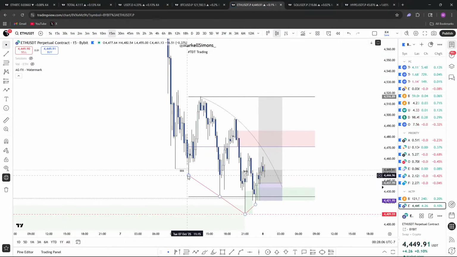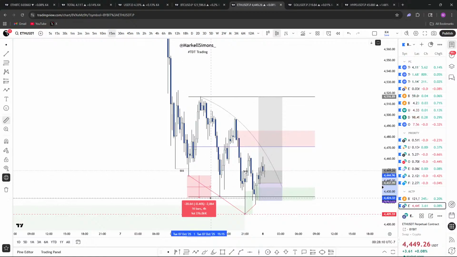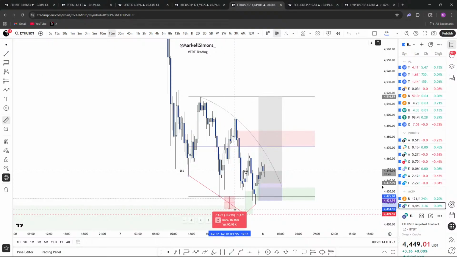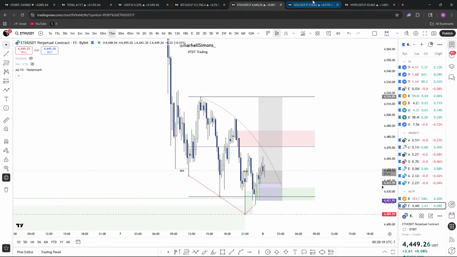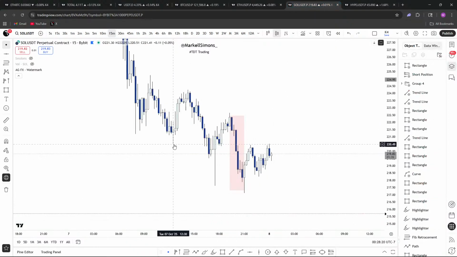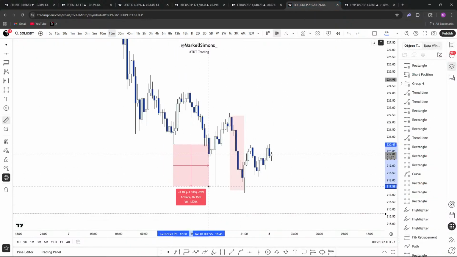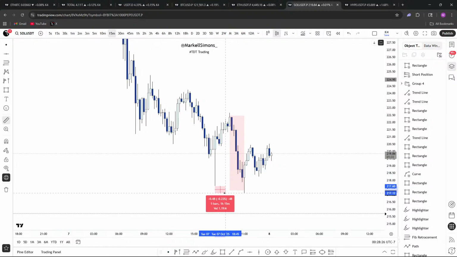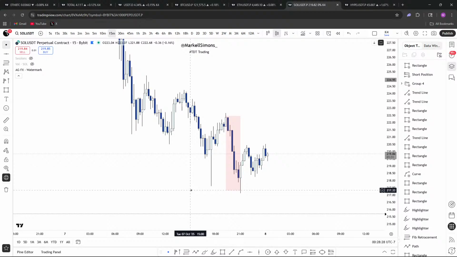If you look at the first tap of Ethereum, look at the distance. You got a 40% deviation, and then you got another 40% deviation. But you look at Solana, look at this deviation. This is a 1.31, and then you got a 22.